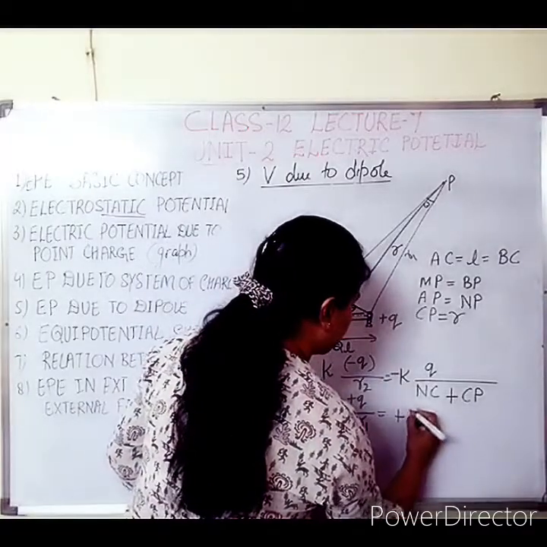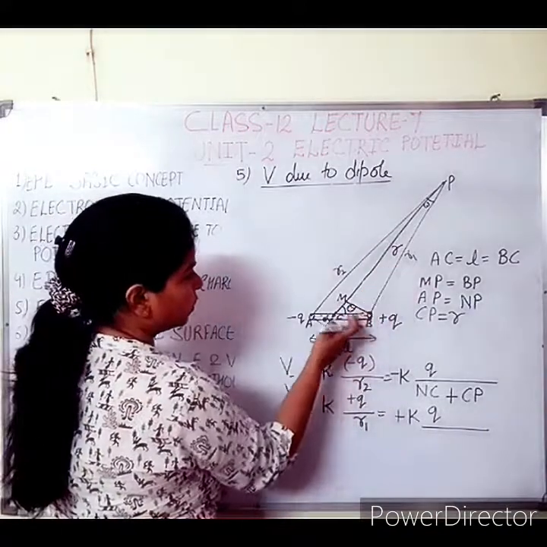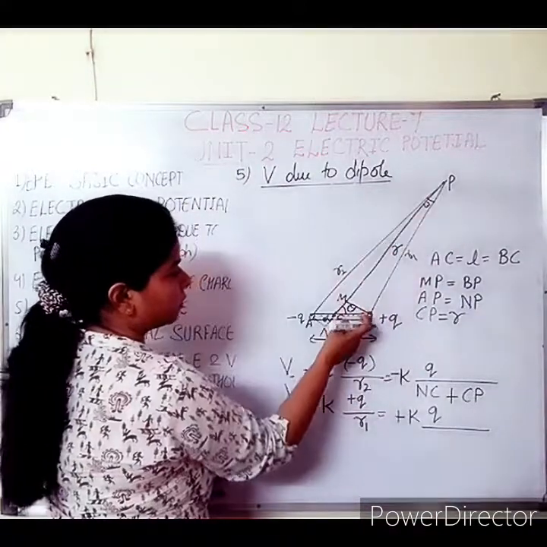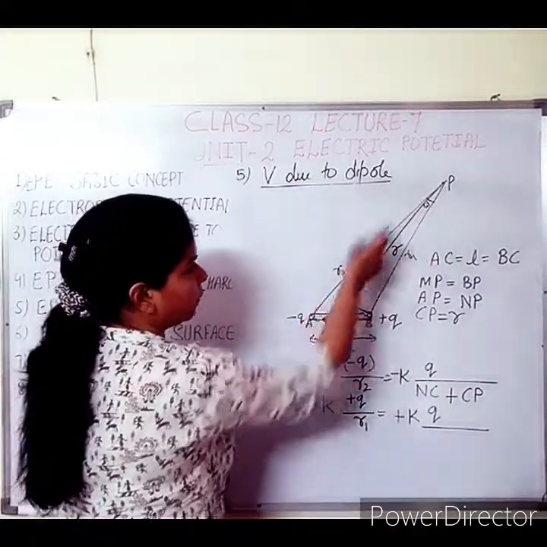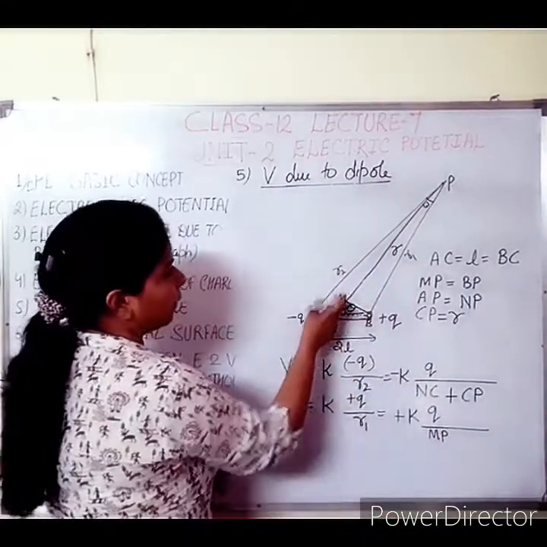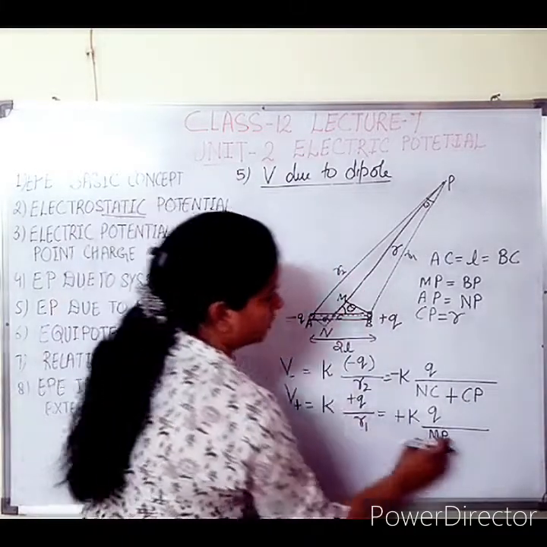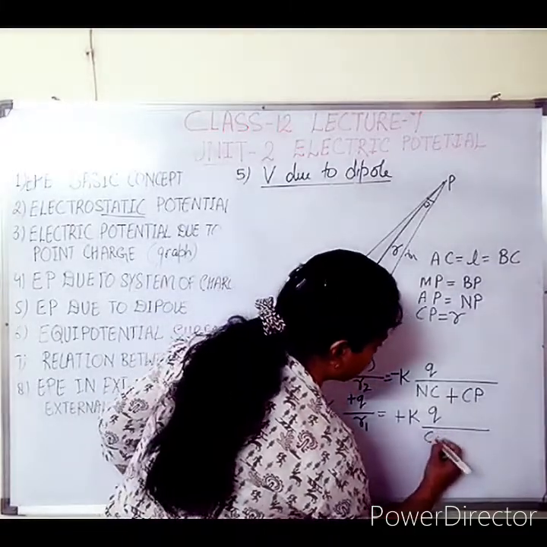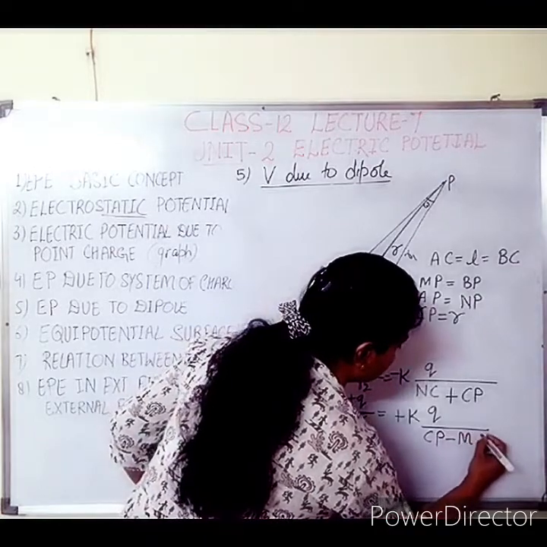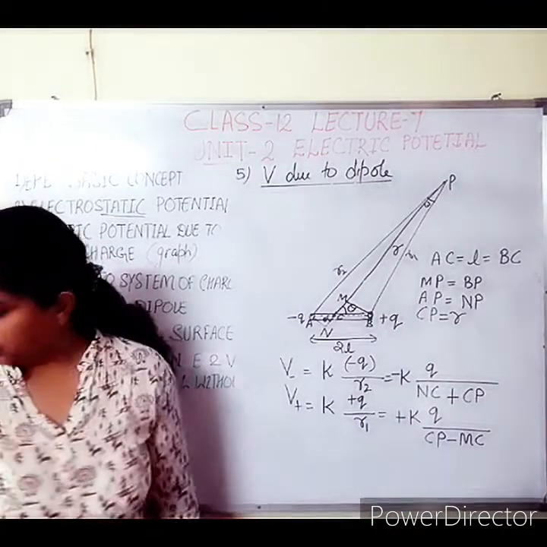And now plus KQ divided by, in place of R1 you will get MP. R1 is equivalent to MP distance, and MP is equal to what? CP minus MC. Okay.